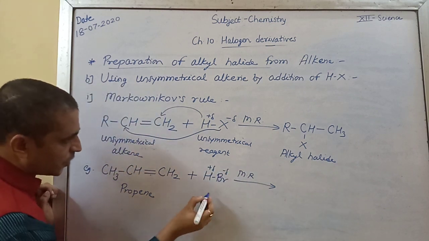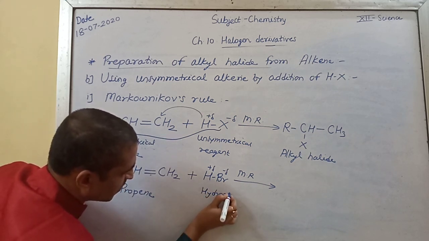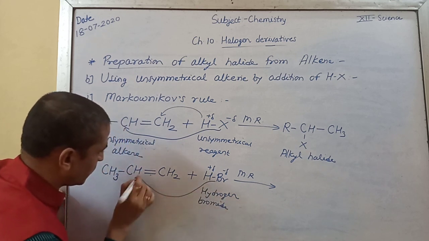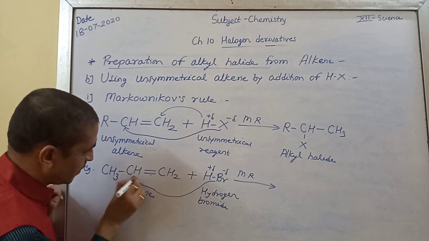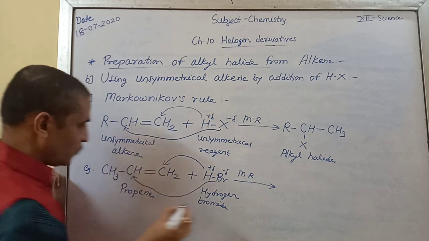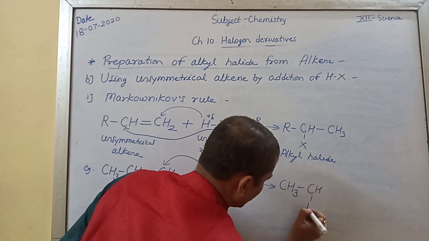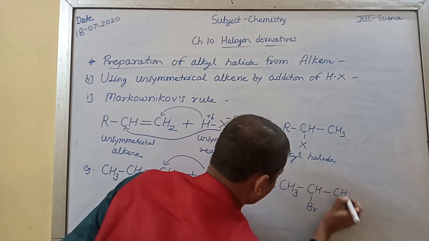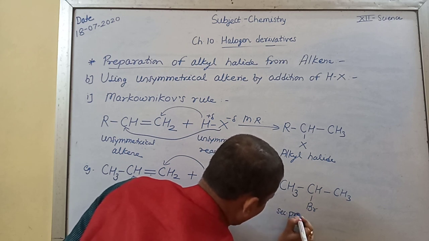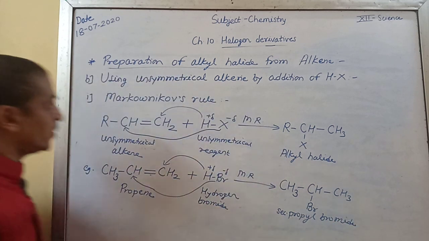See here, the negative part of the reagent, hydrogen bromide, goes to this carbon atom, because it contains less number of hydrogen, and hydrogen goes to CH2. So you get CH3CHBrCH3. It is called secondary propyl bromide. This is about the Markovnikov rule.